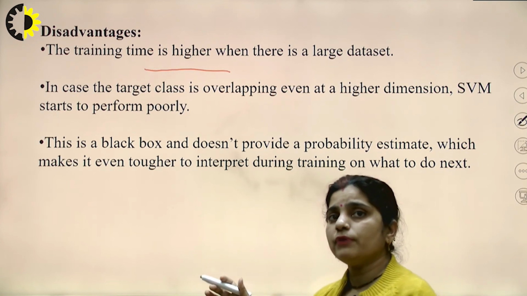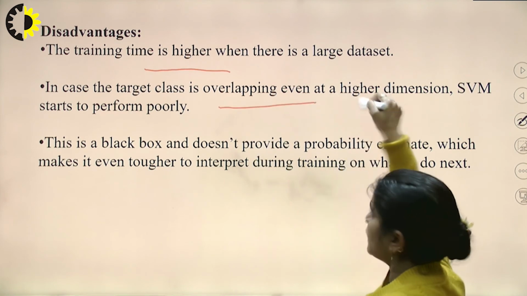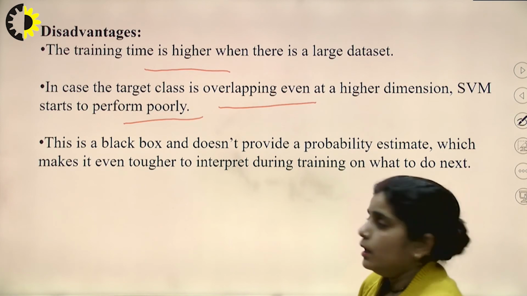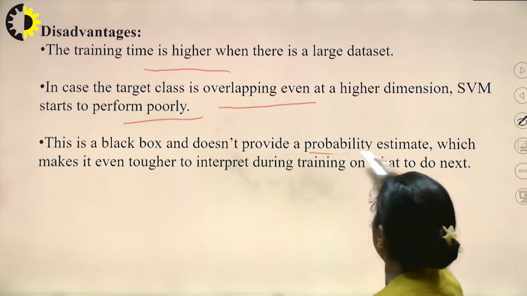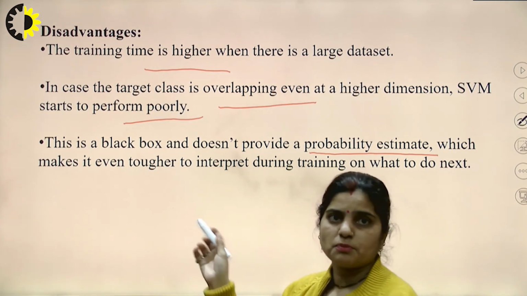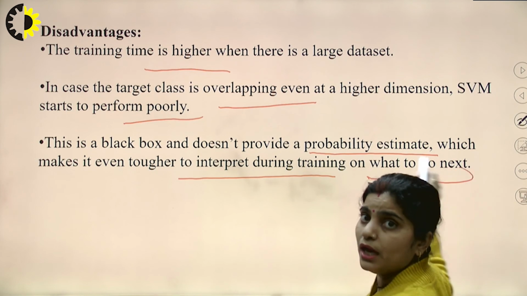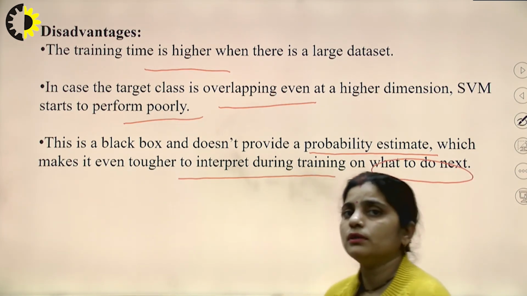But if even at that higher dimension the target class is overlapping, at that time SVM starts to perform poorly. And the last disadvantage is that SVM doesn't provide the probability estimate, so it makes it even tougher to interpret during the training on what to do next, because there is no probability estimation for future prediction.